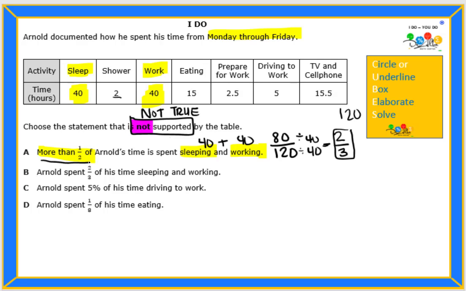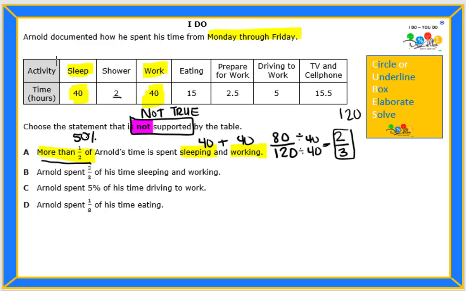And here they said more than half. So I always like to look at these in decimal form or percent form because they're easier to compare than two fractions that do not have the same denominator. Now, luckily for me, I know certain benchmark fractions, like 1/2. Half of anything is 50%. 2/3 is a benchmark fraction that we should know with 1/3.